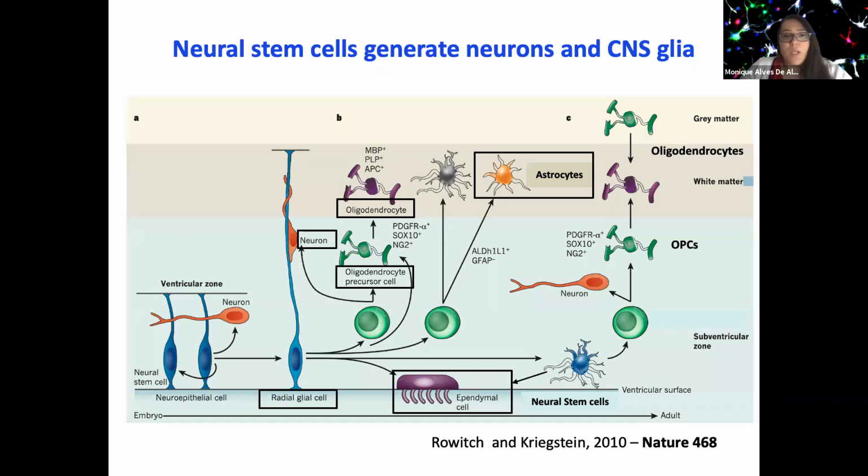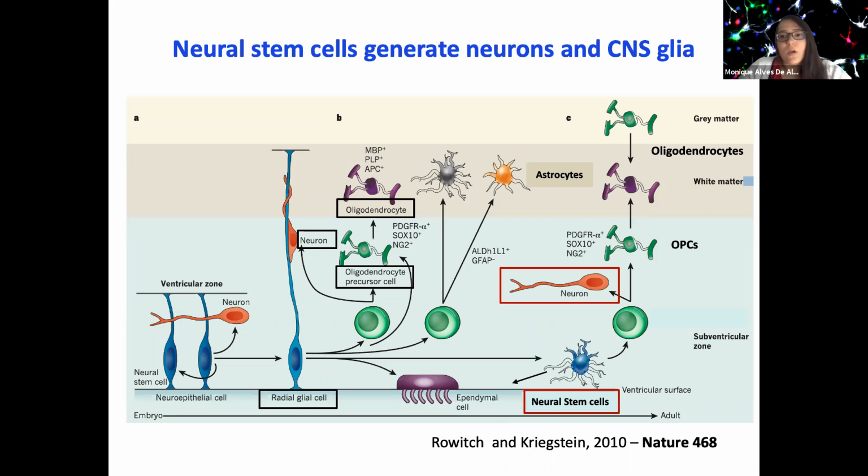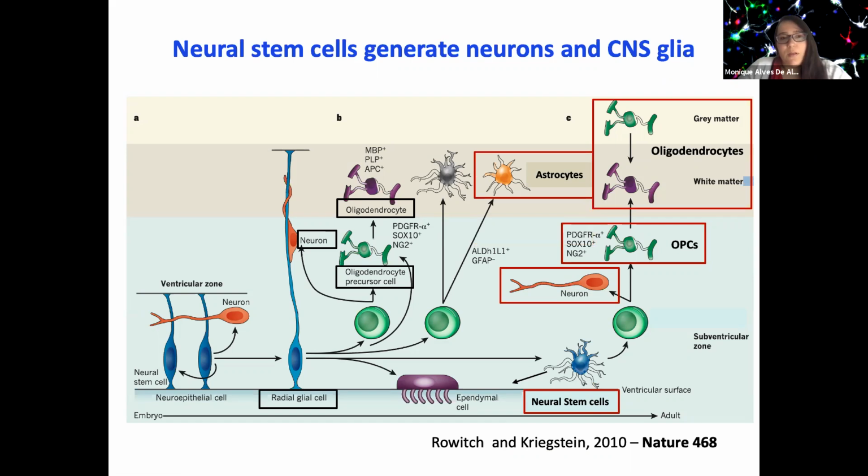So the radial glial cell is at the center of much of our understanding of cortical organization during development. The nomenclature radial glial cells arose because they resemble the morphology of astrocytes, but later they were described as neural stem cells. In adulthood, represented on the right side here, neural stem cells present in the subventricular zone will give rise to neurons, to OPCs, and astrocytes and ependymal cells.